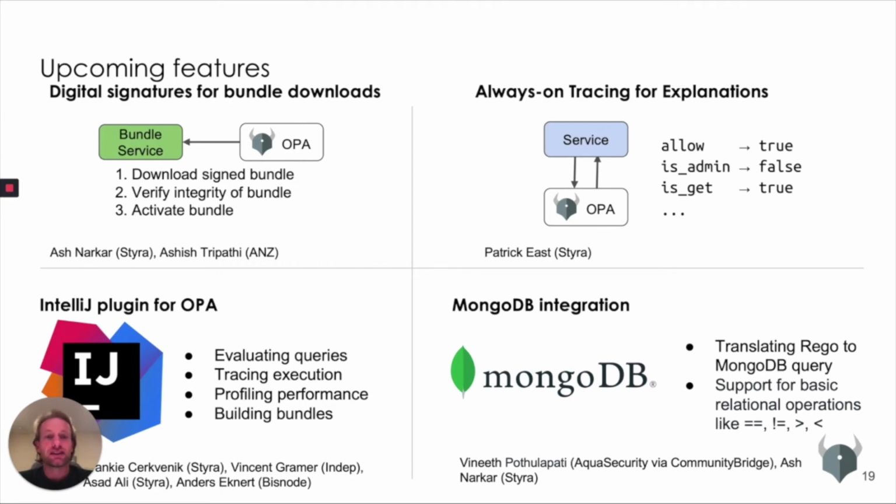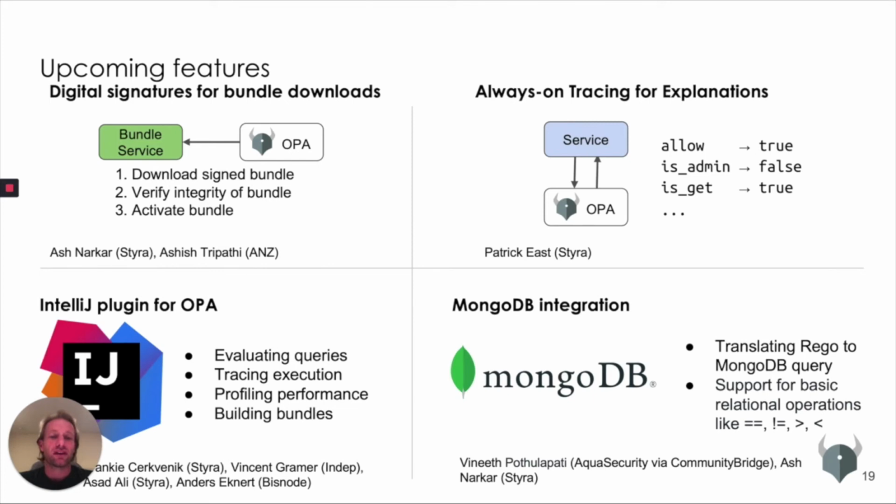The next new feature that's coming is always-on tracing. So one of the things that sometimes people ask for is, well, okay, my service has asked for a decision from OPA. OPA gave an answer. Maybe it was an allow-deny decision, and so the response was simply true-false. But that service maybe now needs to know a little bit more about why that decision was made.